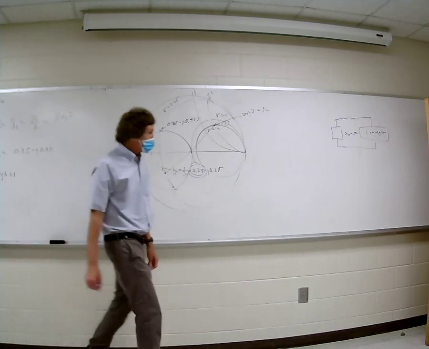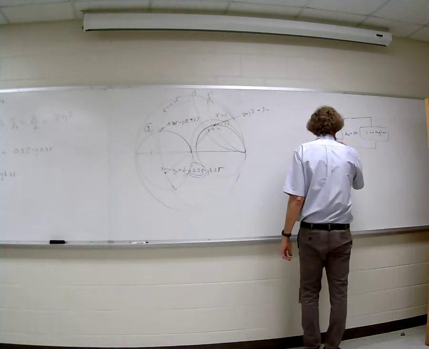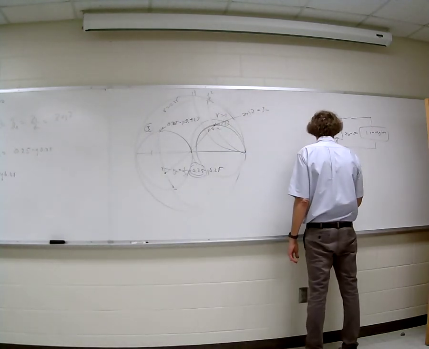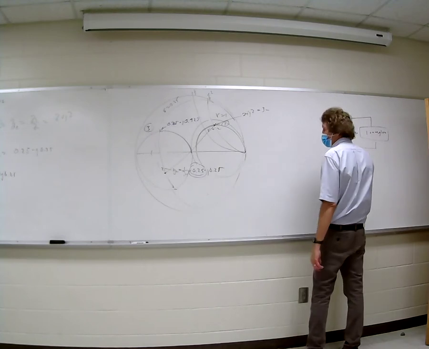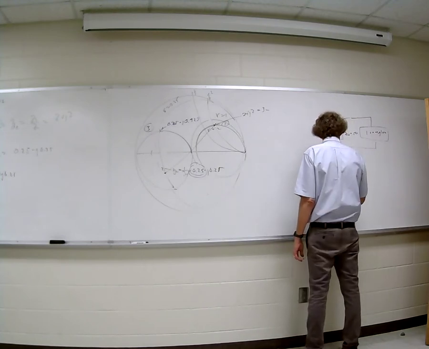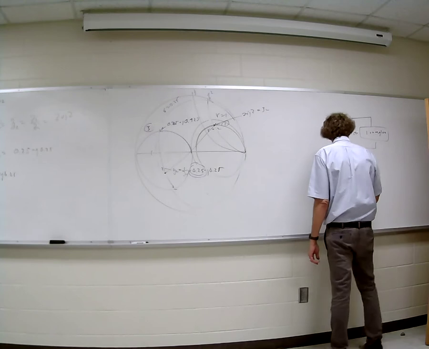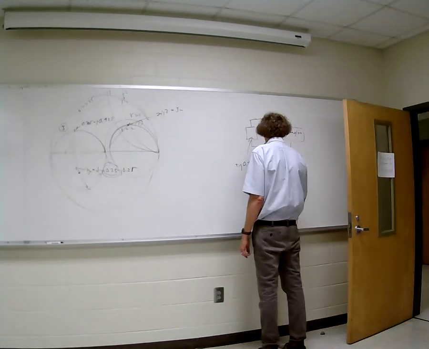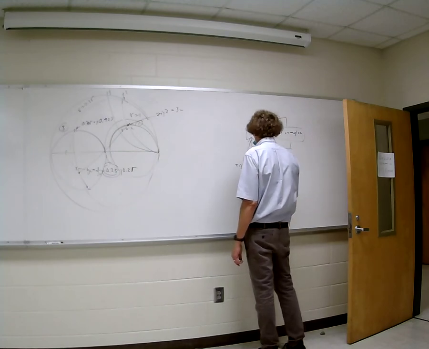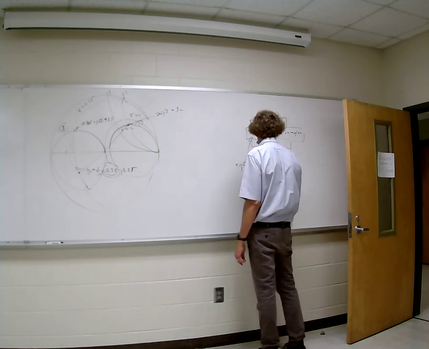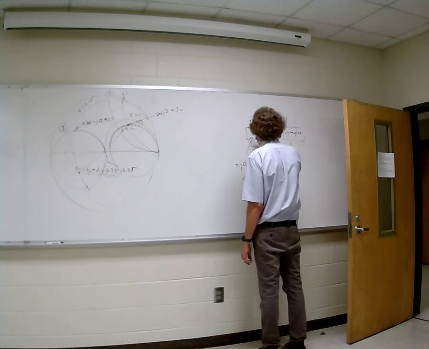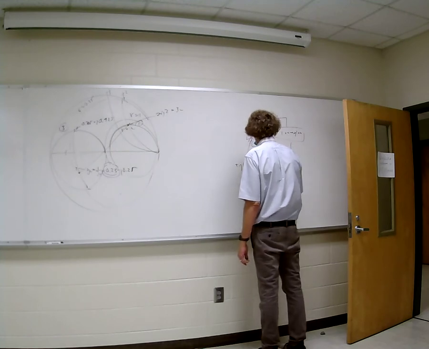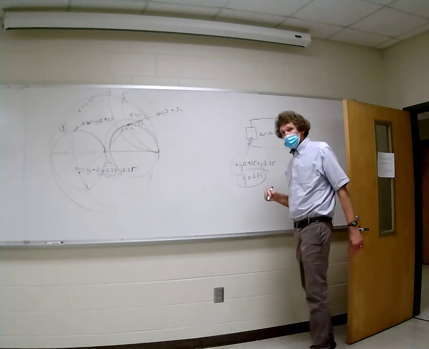So that means this value right here is going to be a normalized plus j 0.425 plus j 0.25 because it was minus 0.25. And that's going to be j 0.675 you're going to add here, right? That would be the value you add. That's the imaginary component. You with me, class?